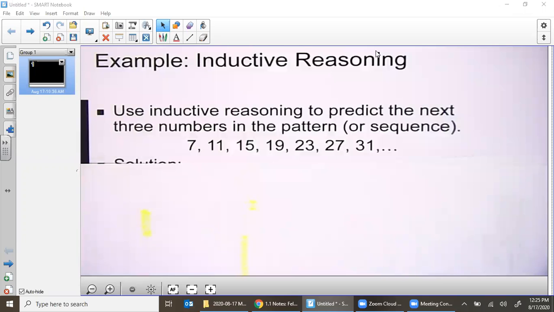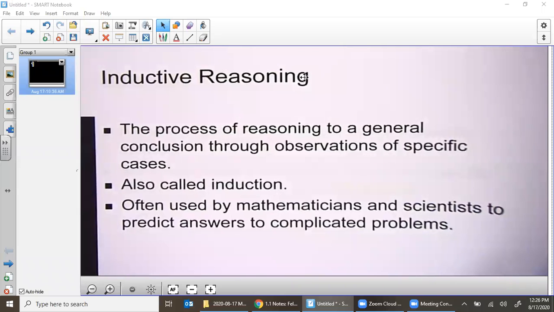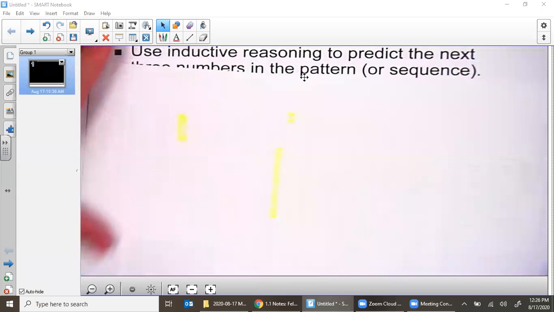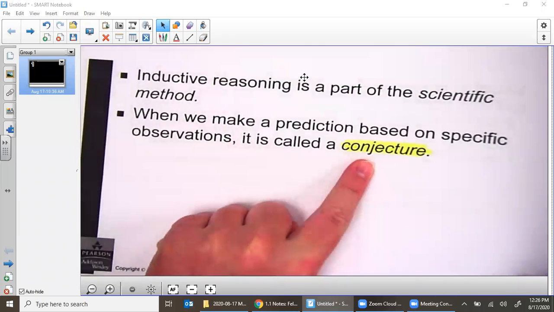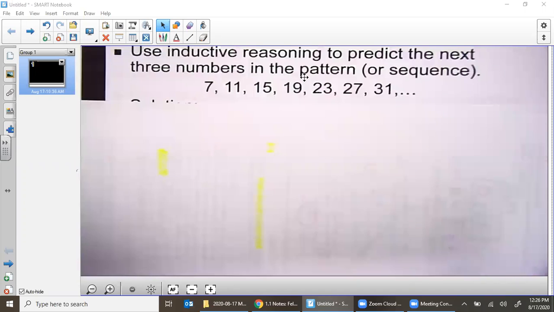Okay, good. Everybody's saying you're adding by 4 every time. So what you guys just did was you used inductive reasoning. You were observing all of these numbers, and then you made a conjecture about the numbers that came after.